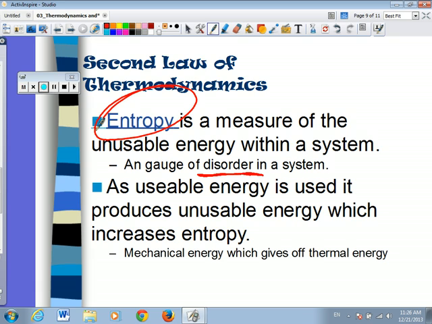You put 100% in, you get 90% out. It's one of the arguments over whether eventually we are going to run out of everything. But as you use energy, as it's transferred from one form to another, you lose a little bit along the way. As you lose that, that adds to the entropy of the system.